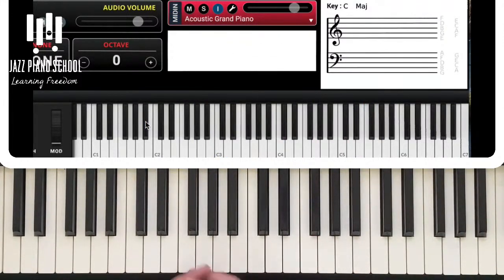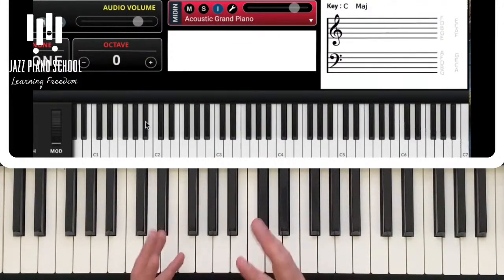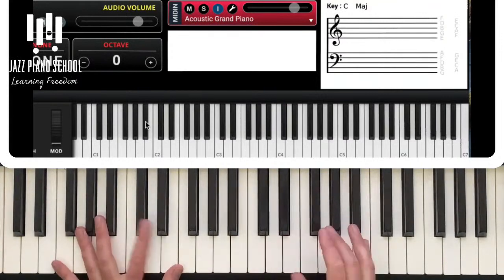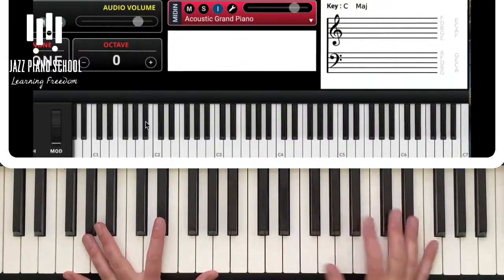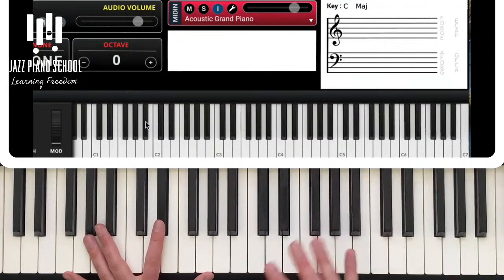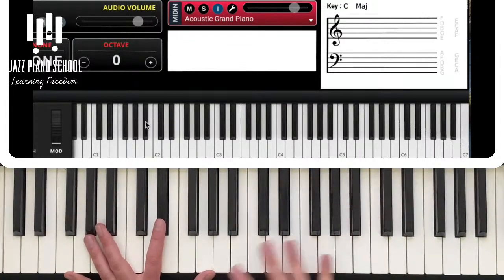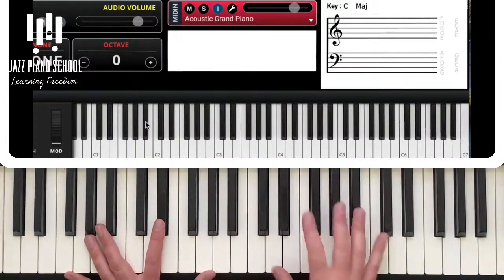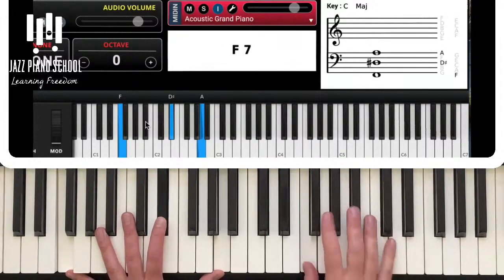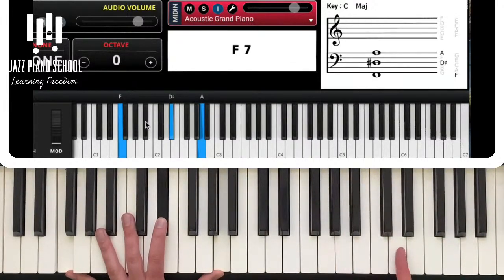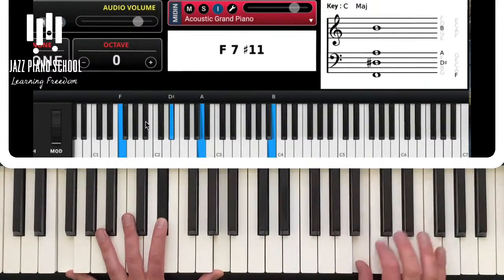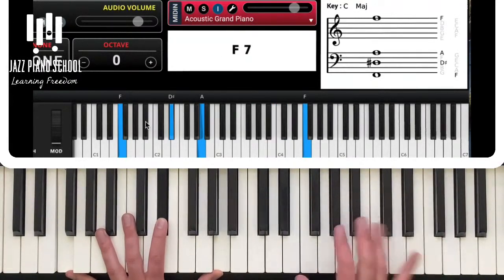Wynton Kelly's more of a bop player than Oscar. Oscar's more of a blues player, but not so much bebop. Oscar's invented his own style, but he's using a lot of the major six in his playing, like this. And so he's using variations of that.